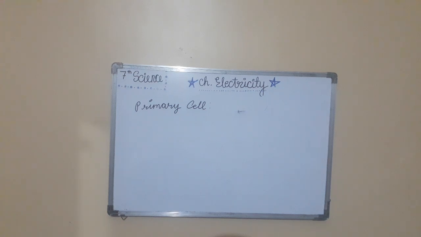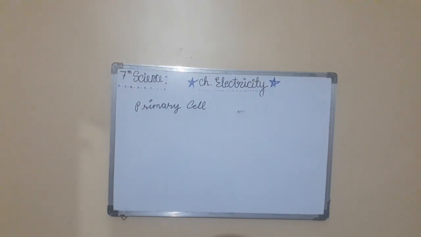Working. Here the zinc container and the carbon rod act as two electrodes. The positive charge accumulates at the carbon rod. This is due to the chemical reaction that takes place between ammonium chloride and zinc. The negative charges accumulate at the zinc container.